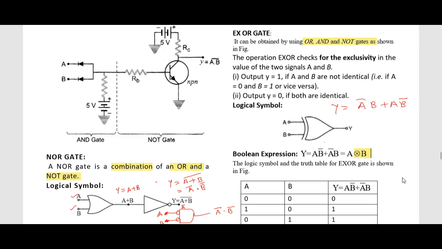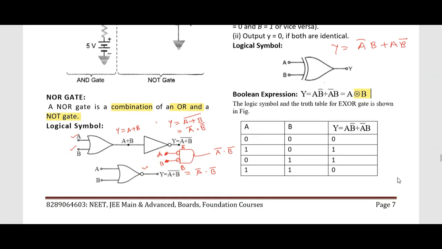Now the corresponding truth table: you fill the value 0 and 0. If you fill A and B both 0, A equal to 0 will make this 0 and B will make this 0. So both the factors will be 0, and their ORing will give us 0.